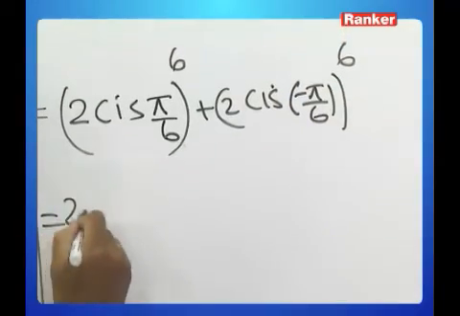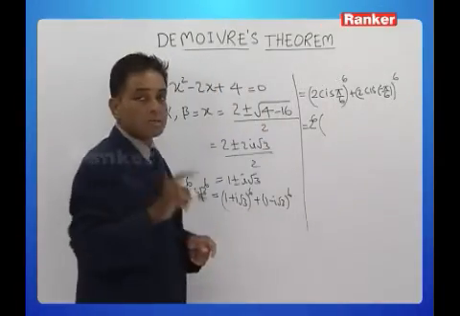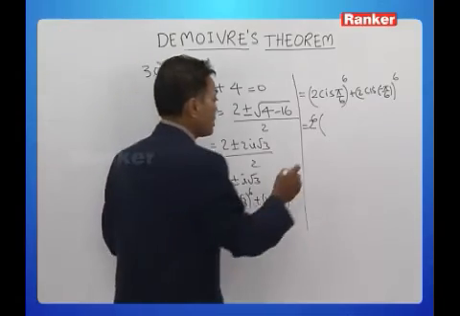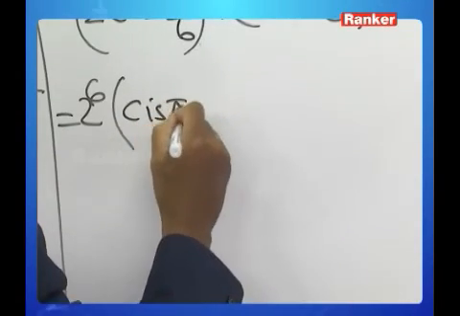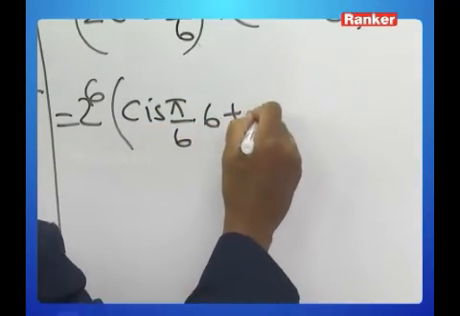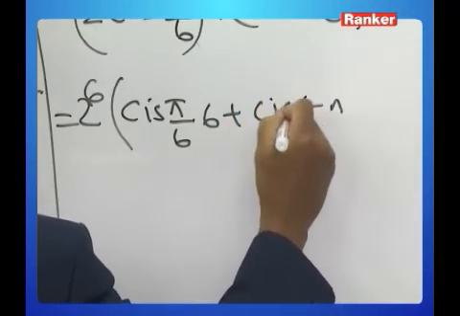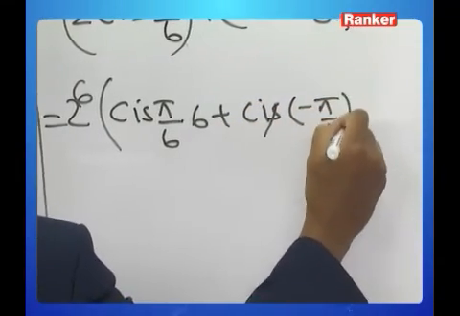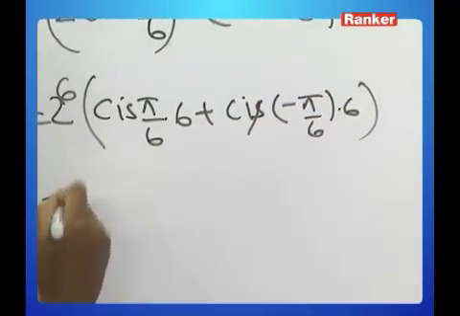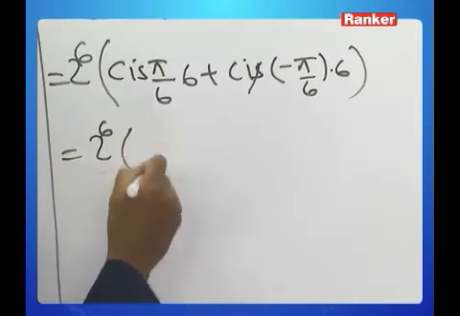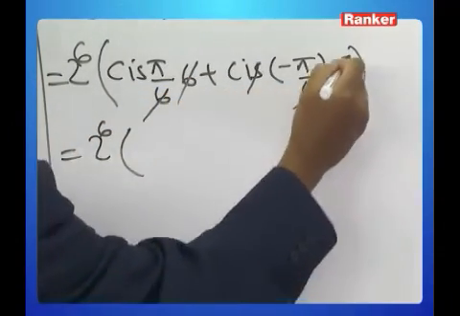Now, if you take 2 power 6 common, cis theta power n, cis n theta, pi by 6 into 6, minus pi by 6 into 6, 2 power 6, the 6 cancels, cis pi.